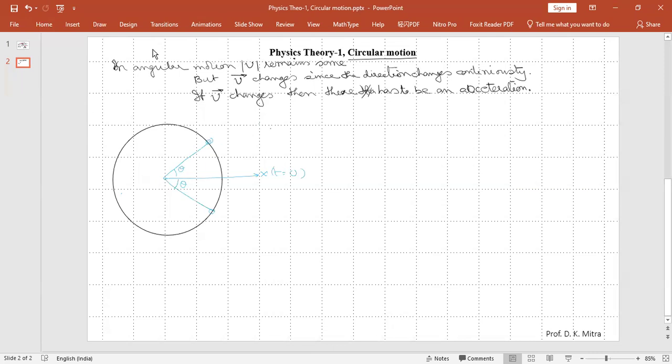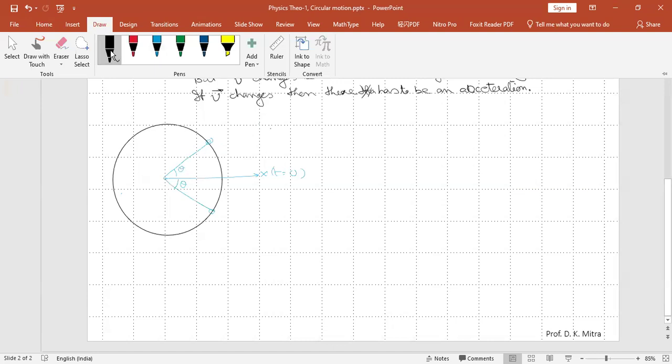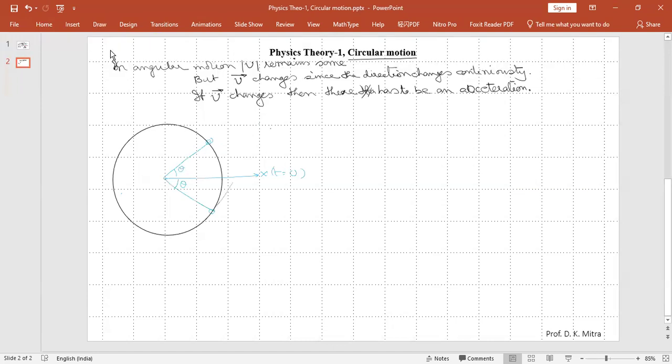So if these are the two bodies, then what are the velocity vectors? I draw the vectors a little bit large in size, otherwise the picture will not be visible to you. This is the velocity vector, say v1.